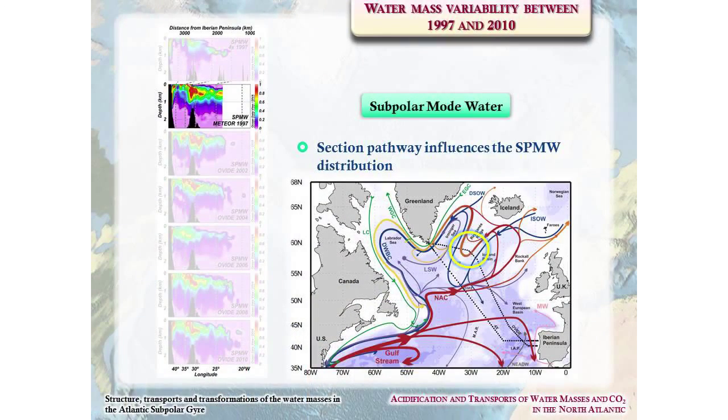In the case of the subpolar mode water, we also observe that the section pathway is an important component of the variability of this water mass. If we look at both distributions taken in 1997, we observe that at the FOUREX section we have lower amounts of subpolar mode water than at the Meteor section. This may be explained by the fact that the main path of the North Atlantic current around the Reykjanes Ridge turns before arriving at the FOUREX section, thus resulting in lower amounts of subpolar mode water arriving there.